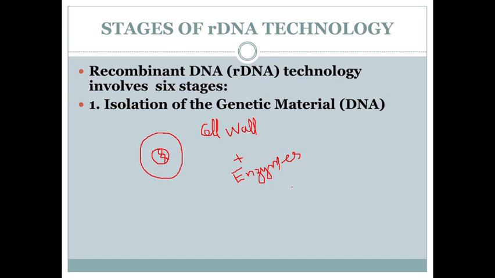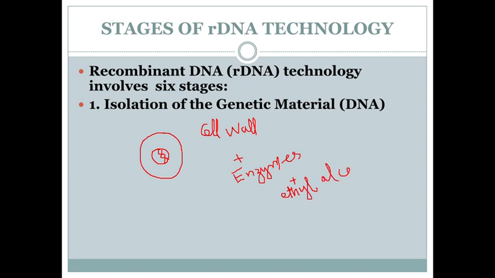For that, what we do is add to this mixture ethyl alcohol, chilled ethyl alcohol rather. That ethyl alcohol will result in precipitating out of the DNA.